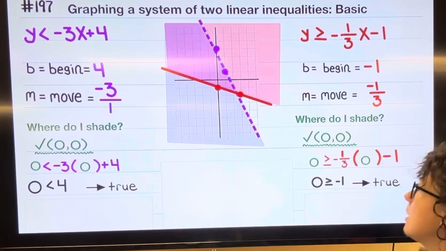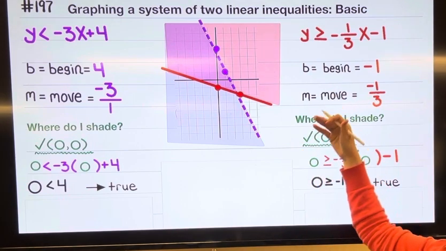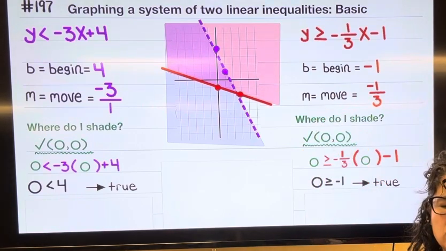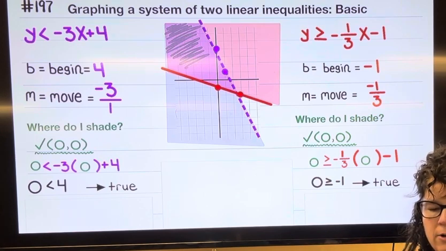Okay. And then my final shading, it's wherever the two overlap. So these two end up overlapping in here.